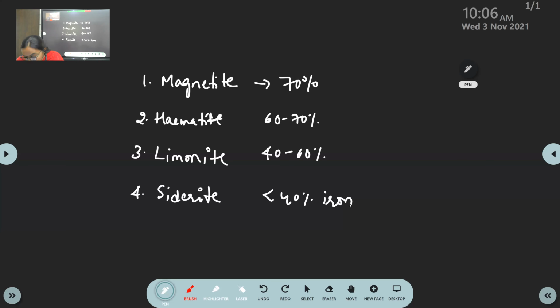Odisha, Karnataka. In Karnataka, you can note down the district. It is helpful.